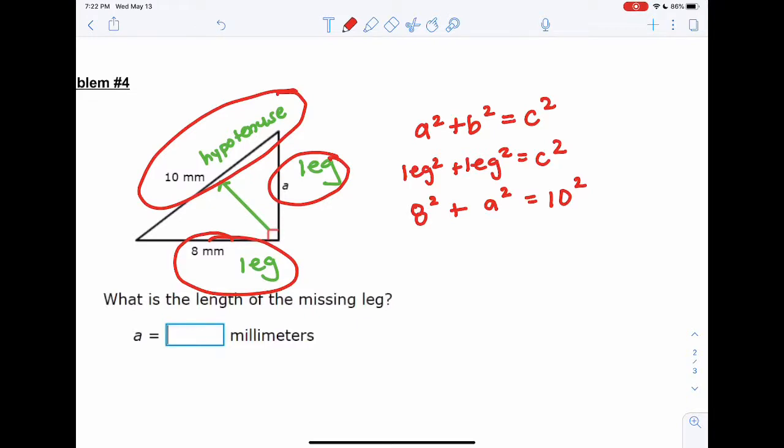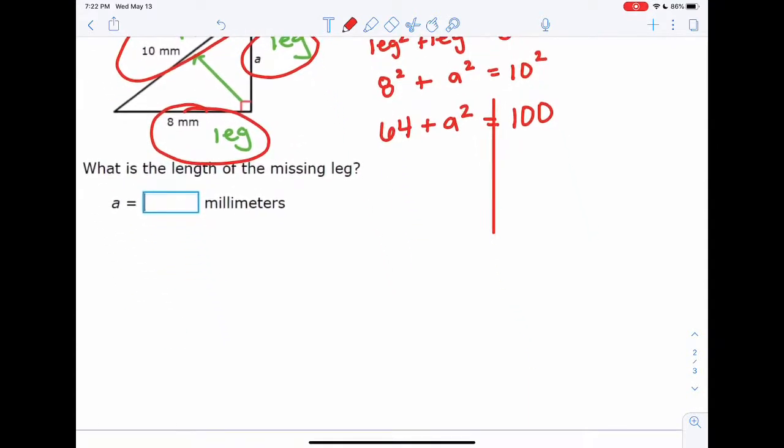8 times 8 is 64 plus a squared equals 10 times 10 is 100. And remember, our goal in solving equations is to get our variable by itself. So I need to get this a squared by itself. To do that, I need to get rid of this 64. So to get rid of that 64, I need to subtract both sides by 64.